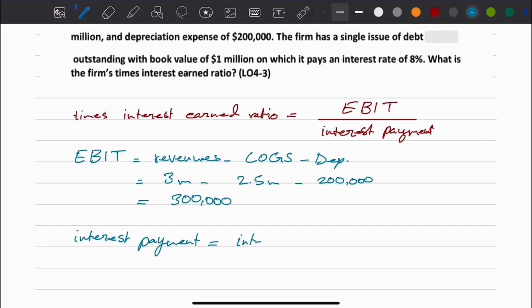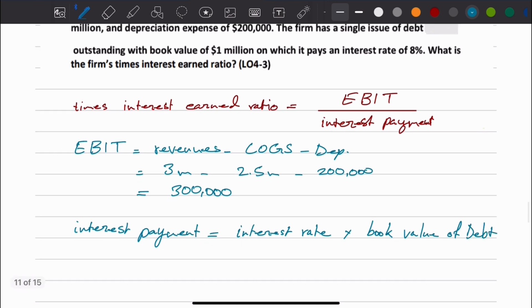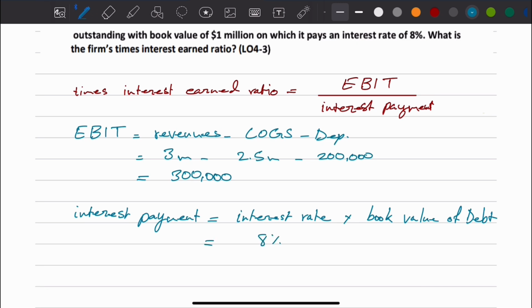We can say interest rate, which is the cost of debt in this case, multiplied by the face value or the book value of the debt, which is 8% multiplied by $1 million. And that's going to be $80,000.